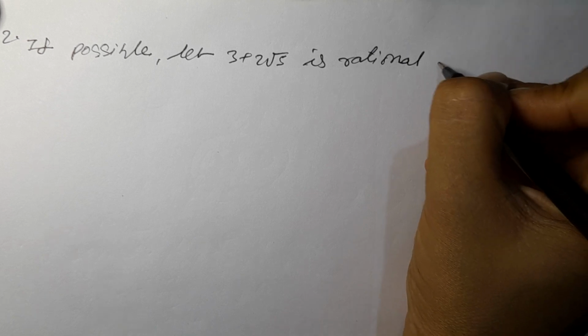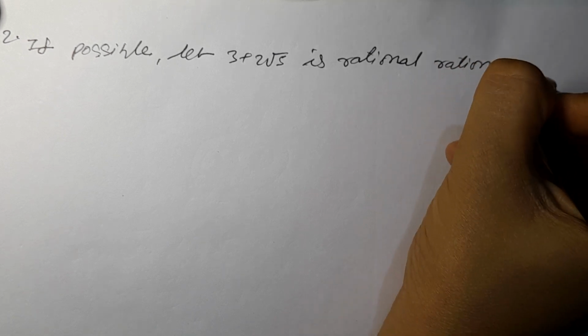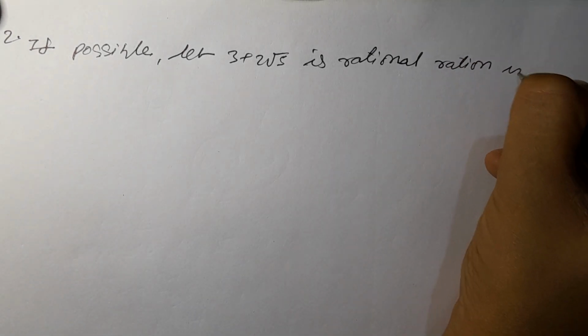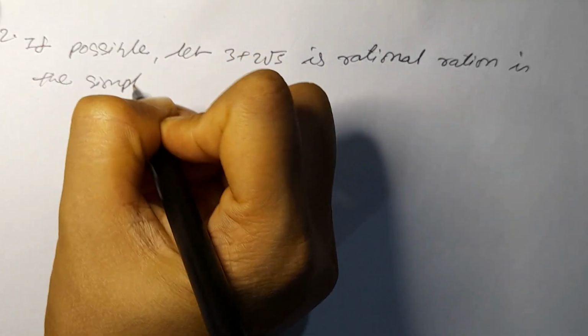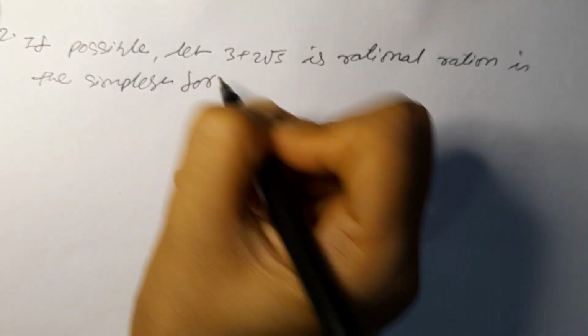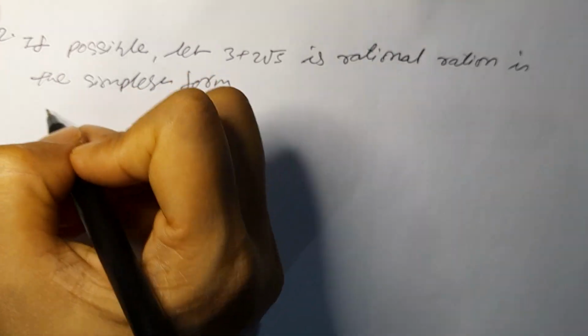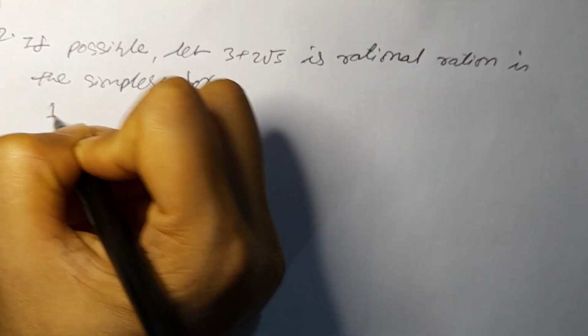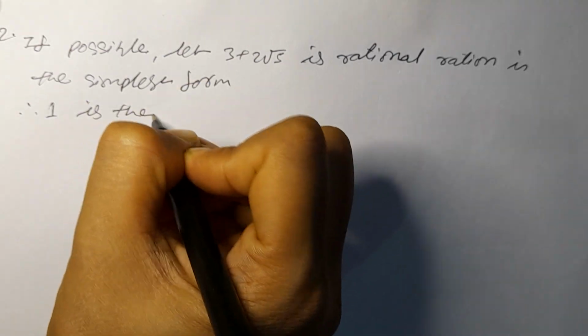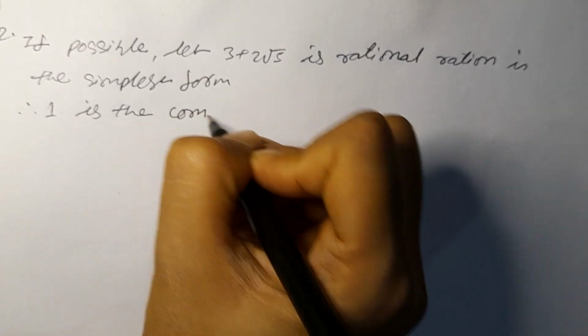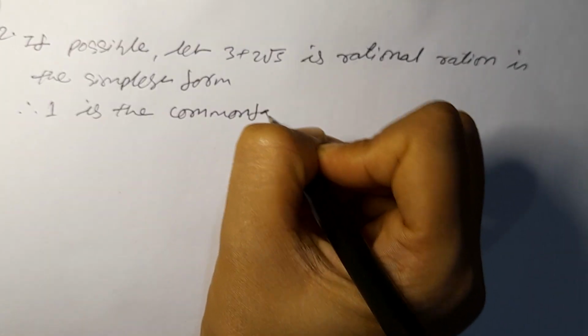So take the rational number in the simplest form, therefore 1 is the common factor.